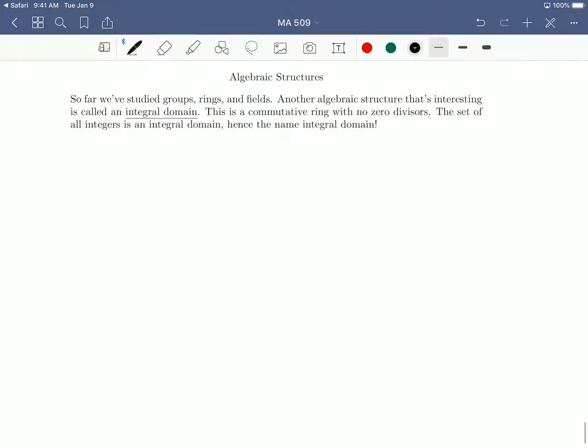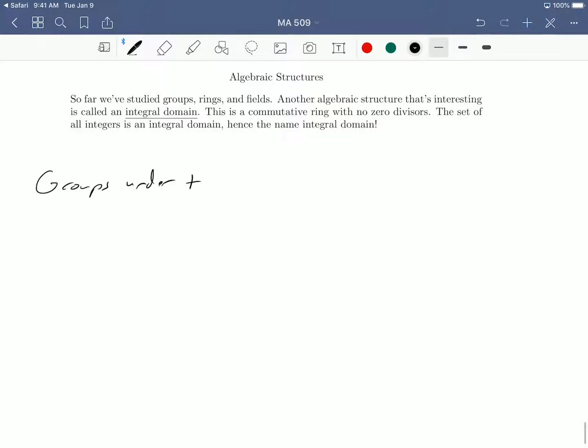So if we think through these different structures and how they relate to each other, we've built up this hierarchy of them. We started out with groups, and most of the groups we worked with were groups under addition, maybe all of them. And so that meant we had this addition operation. It was closed under addition. Addition was associative. We had an additive identity. We had additive inverses.